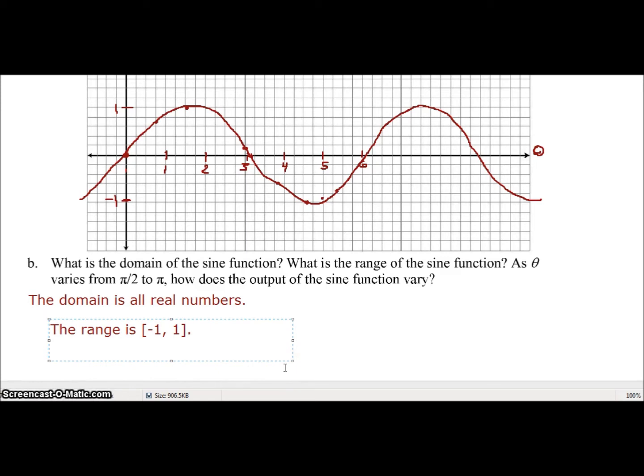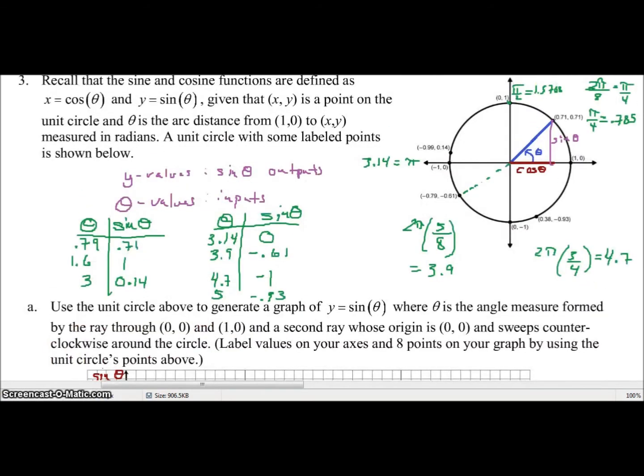As theta varies from pi over 2 to pi, how does the output of the sine function vary? So pi over 2, that was 1.57. So this value here.